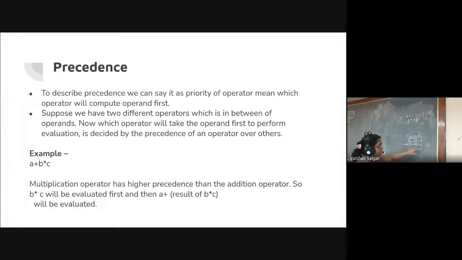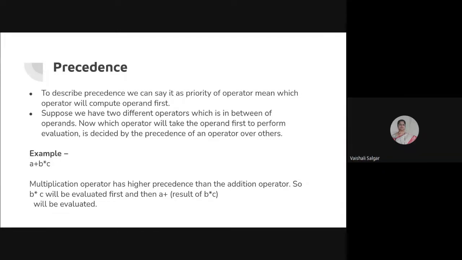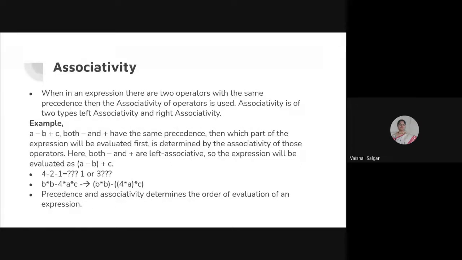So when I have a group of similar operators in a single expression, we have to check the associativity of that expression, and based on the associativity we evaluate it. When an expression has two operators with the same precedence, the associativity of the operator is used.